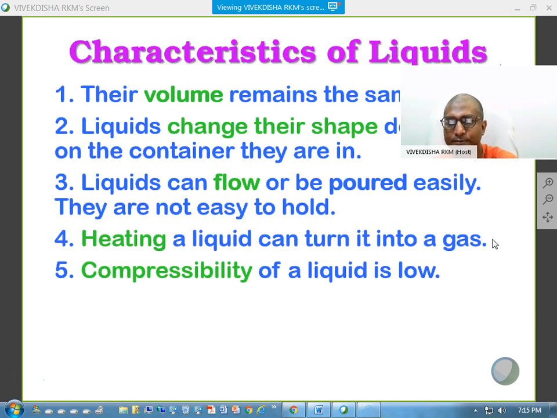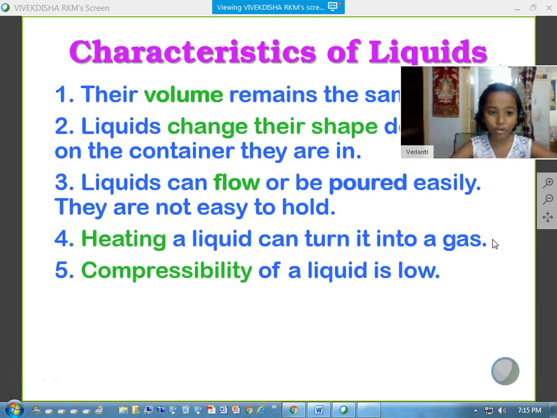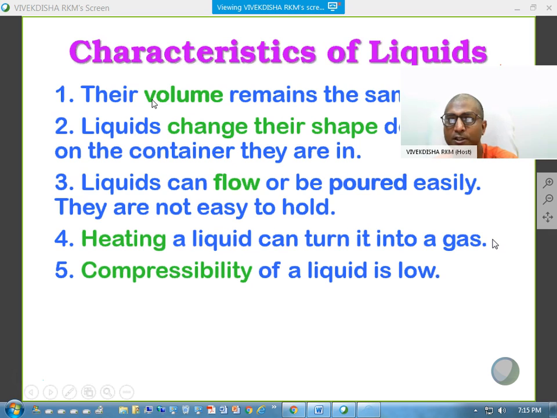Go on. And another I have, that is the first characteristic: their volume remains the same. That is also not so clear. The volume remains definite, because if we take 100 milliliter of oil in a conical flask and pour it into a test tube, it will remain 100 milliliter.